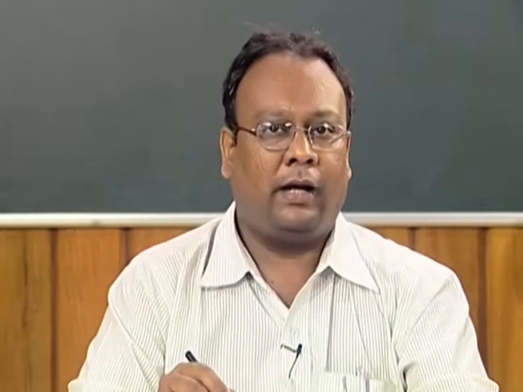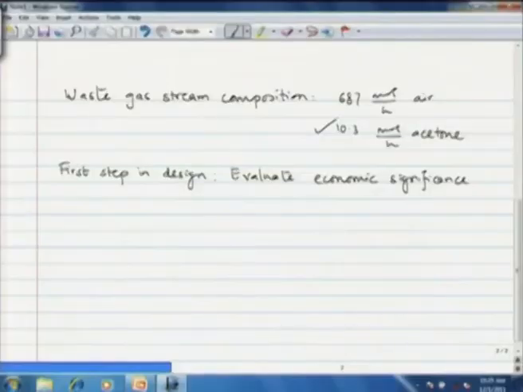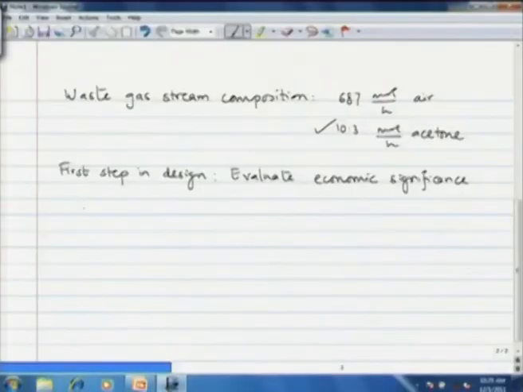We do not know at this moment what fraction of this 10.3 mole per hour of acetone we are going to recover. However, to evaluate the maximum economic significance that this project will have, we will assume that we are going to recover 100% of that acetone.